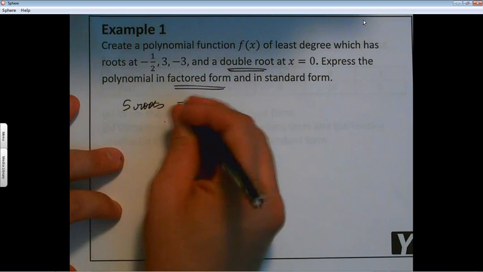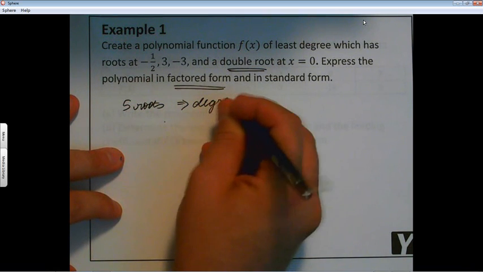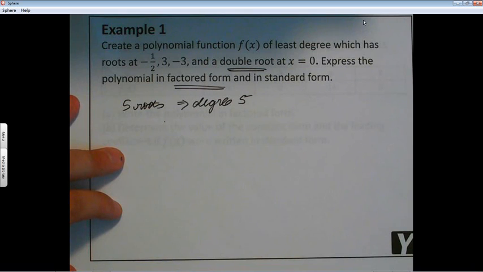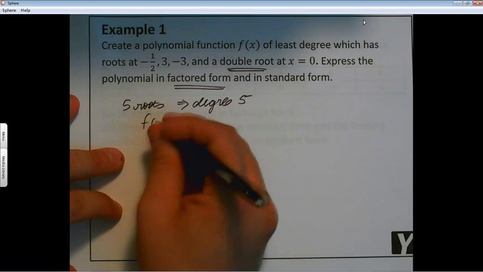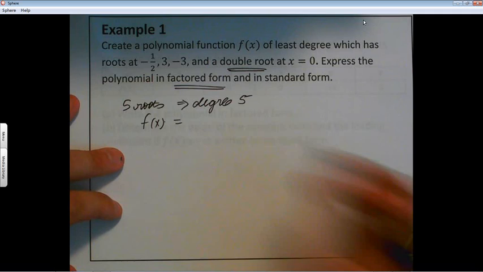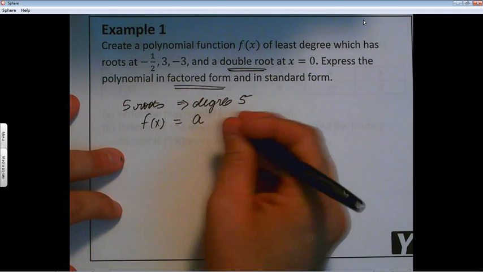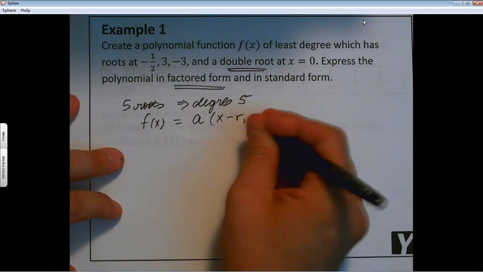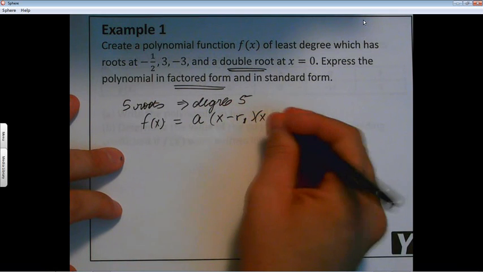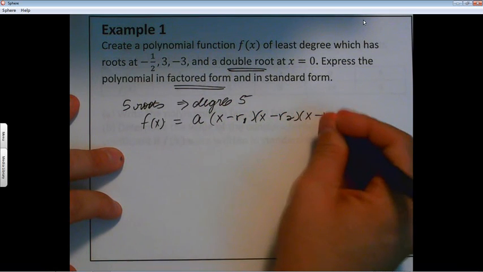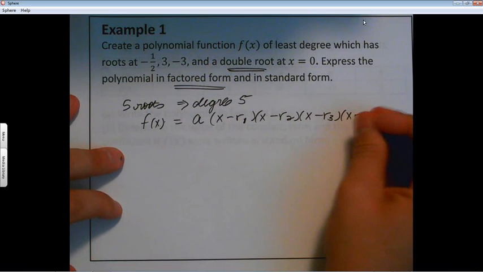I want to write a polynomial of least degree which has roots at -1/2, +3, -3, and a double root at x equals 0. I have 5 roots, so that means I'm going to be looking at a degree 5 polynomial.